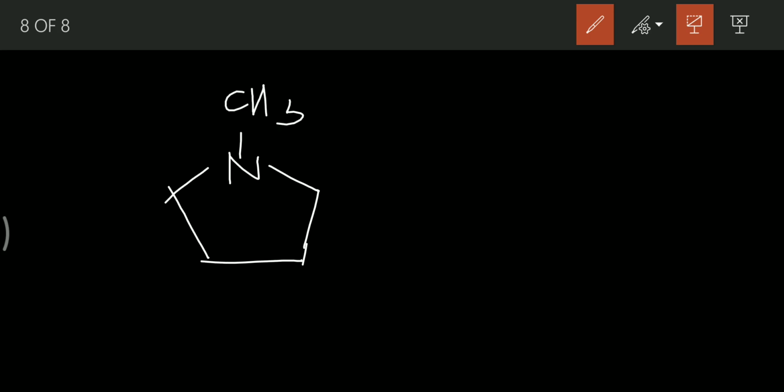So here, if you take a pyrrolidine derivative, the second position is bonded to a CH2 group, then to a carbonyl group, and then it is bonded to a CH3 group.